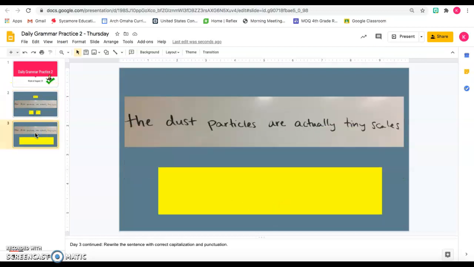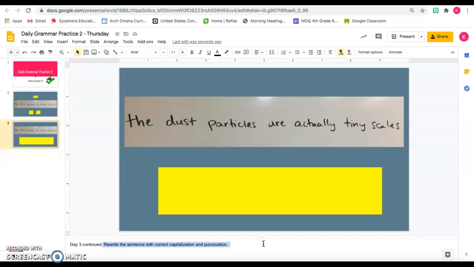Now finally, if we click to our last slide, you can read at the bottom in the speaker notes that we are going to rewrite the sentence with correct capitalization and punctuation. So on this third day of DGP, when we're rewriting it, those are the 2 main things we're going to edit for: capitalization and punctuation. We don't have to worry about spelling.